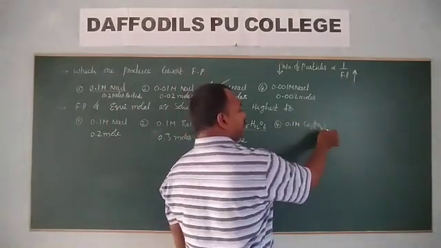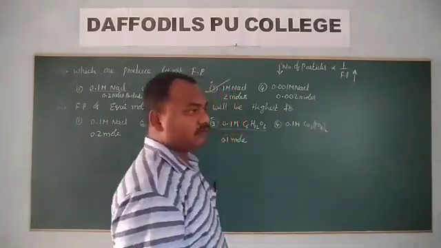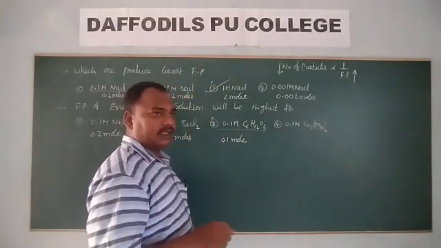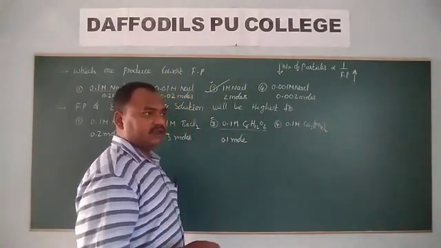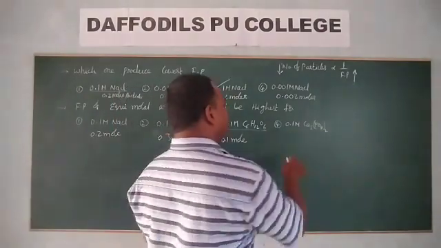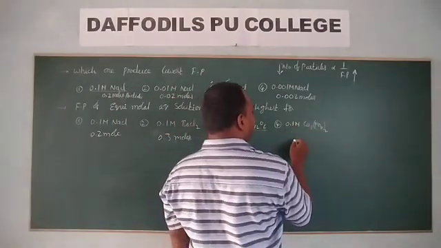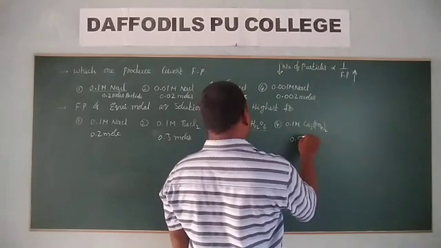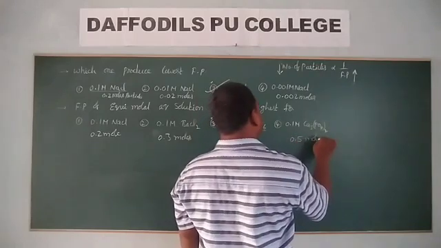Here, each calcium phosphate will give you 5 particles. So 0.1 m will give you 0.5 moles of particles.